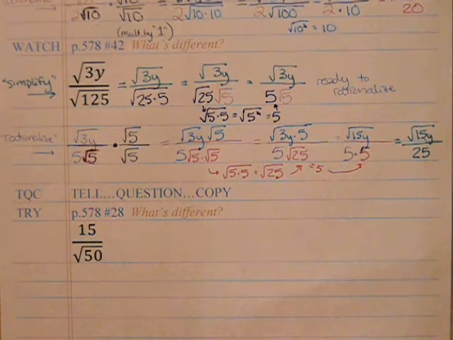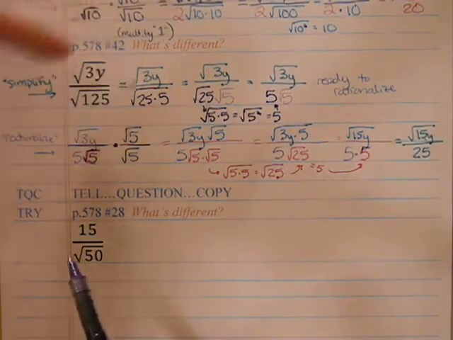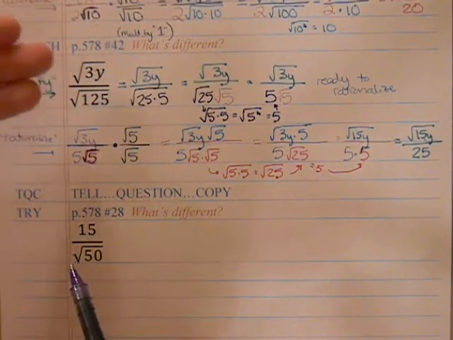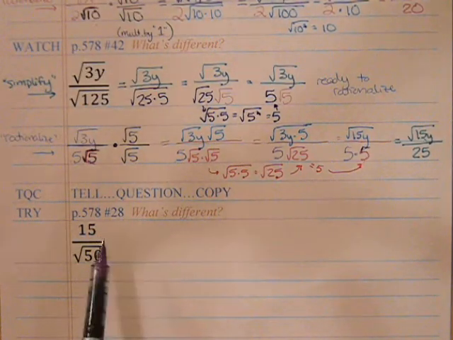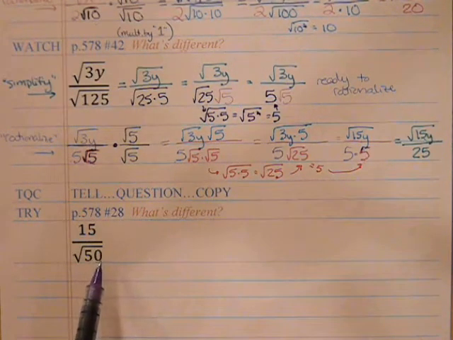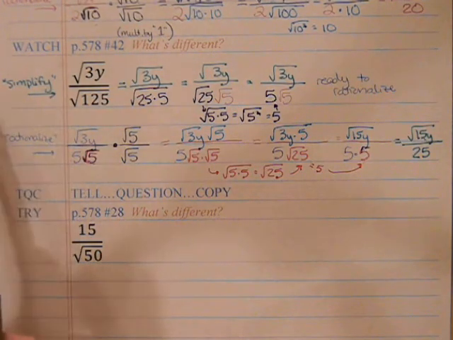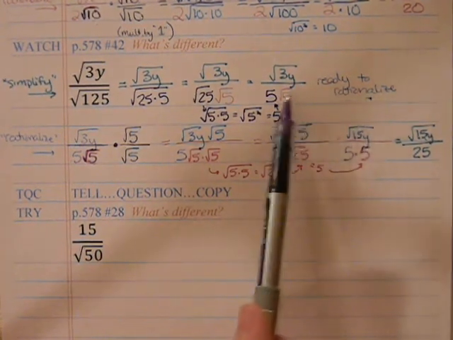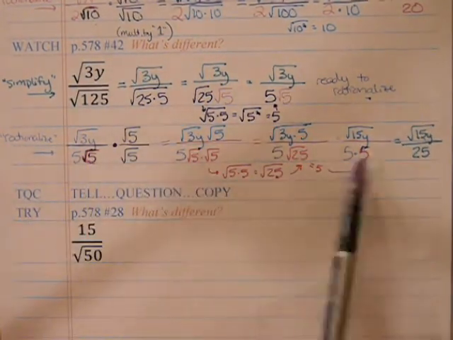Okay, and then you can try the one that's on the bottom. What's different about this example is that at the top we had the entire fraction sitting under a radical to start. In our second example, we had a radical over radical. In this last, third example, you've just got a radical on the bottom. And again, think about what we've done in these examples. You want to simplify as best you can first, so you get as small a number to rationalize as possible, and then you can work on the rationalizing.